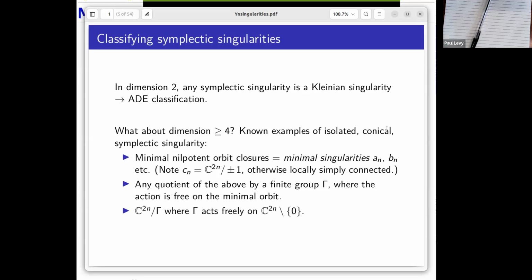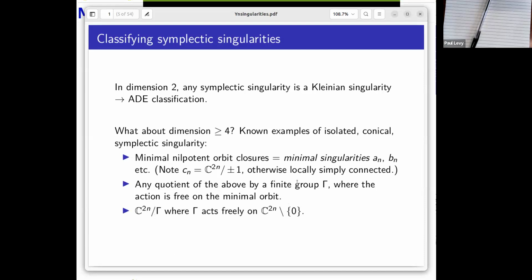So some other examples of isolated symplectic singularities. We can also just take a vector space quotiented by a finite subgroup of Sp(2m). For this to be isolated, it needs to act freely away from the origin, which is quite a restriction.